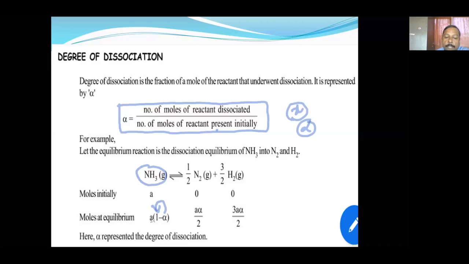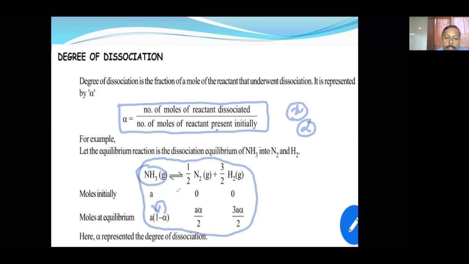Suppose it is for 3 moles, then 3 into 1 minus alpha. Okay. So the writing format of this equation is very important. So try to practice more and more questions. There are no fixed formulas for this. This will keep changing as per the reaction stoichiometry.